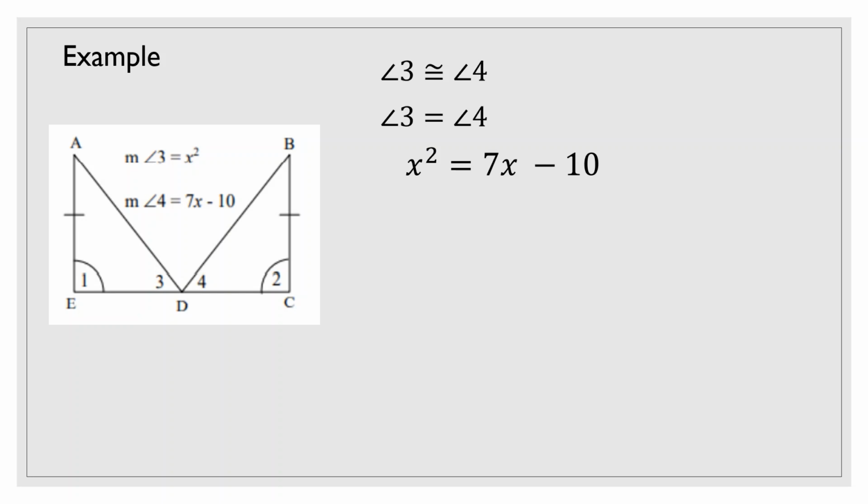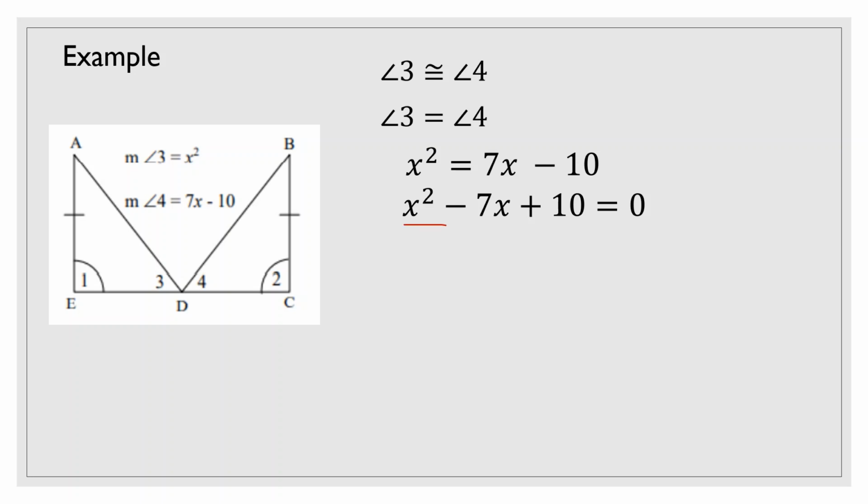Okay? Then, you have to combine similar terms. Pero, wala naman tayong makikitang similar terms. So, anong gagawin natin? Ilalagay lang natin yung mga terms sa isang side ng equation and equate the equation into 0. So, you will come up with x squared minus 7x plus 10 equals 0.